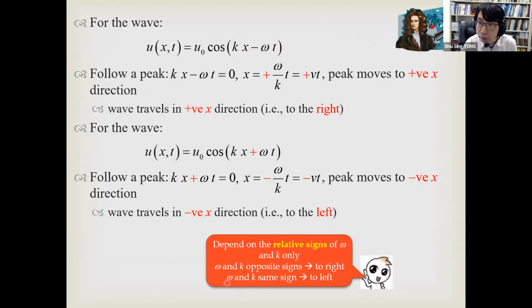And if both omega and k are of the same sign, for example both carry a positive sign, then that corresponds to a wave traveling to the left. So that is easy to remember. If omega and k are of opposite sign, it travels to the right. If they are of the same sign, it travels to the left.